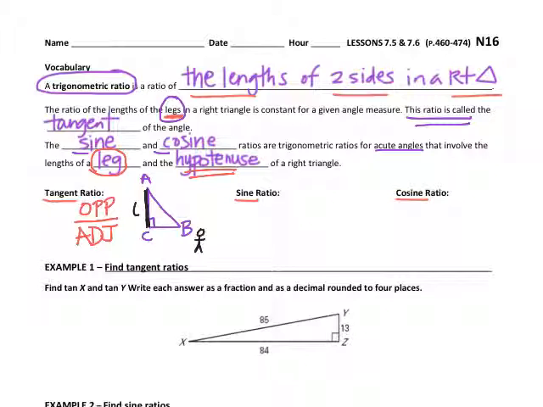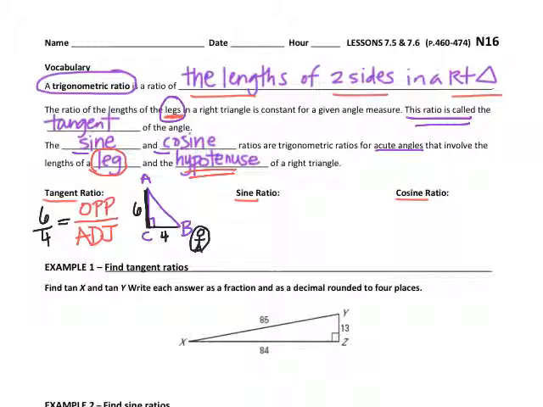Let's just say that it's 6. And the opposite side over the adjacent side, let's say it's 4. The adjacent side is the one that's right next to where I'm standing. So this ratio would happen to be 6 over 4. Okay, so you just have to be able to identify which side of the right triangle is opposite and which side is adjacent, and that's our tangent ratio.